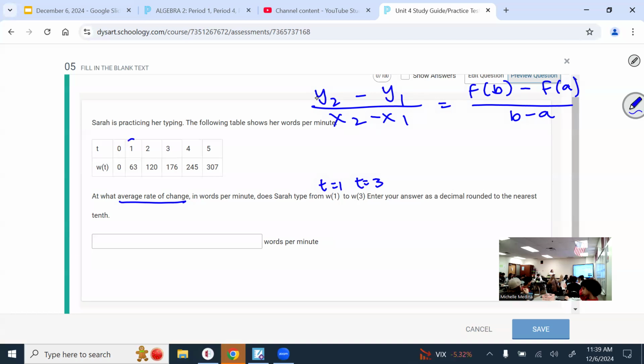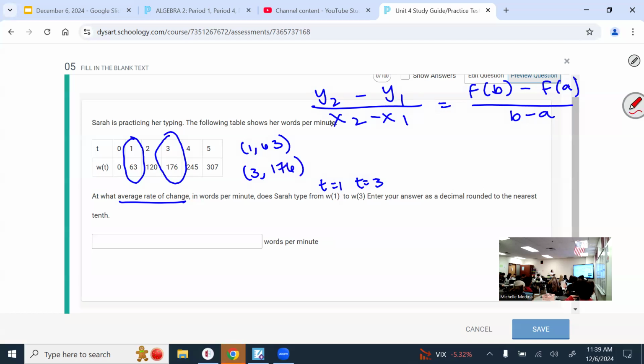So it wants me to look for when T is 1 to when T is 3, what that average rate of change is. Let me write it as a coordinate, because you need 2 coordinates for that formula. So (1, 63) is my first coordinate. (3, 176) is my second.